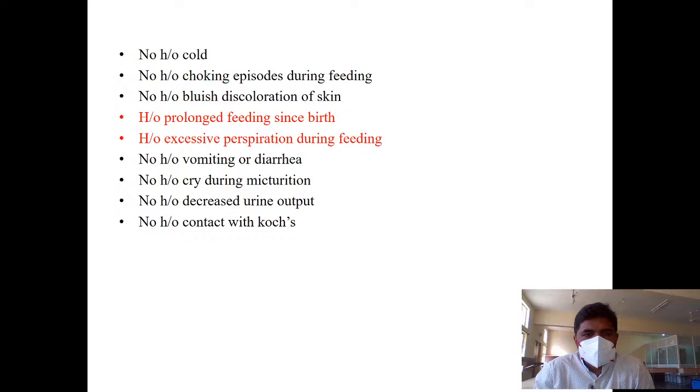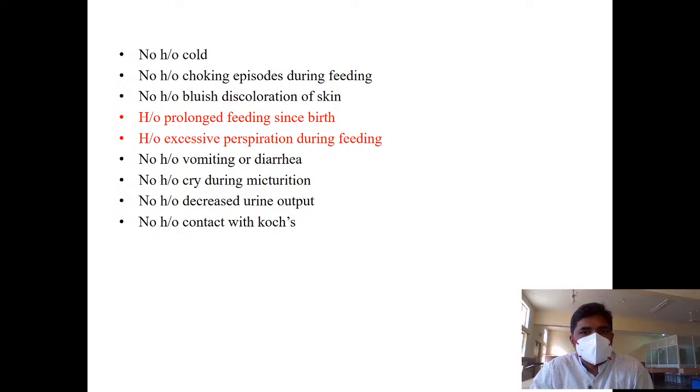But when it comes to young infants, you can ask, and the irritability being decreased, the child becoming more comfortable on the shoulder of the parents rather than in a lying down position. So even such history needs to be elicited. So if the child is irritable in a lying down position, becoming comfortable over the shoulder of the parents, then it gives evidence that the child is having a cardiac failure.